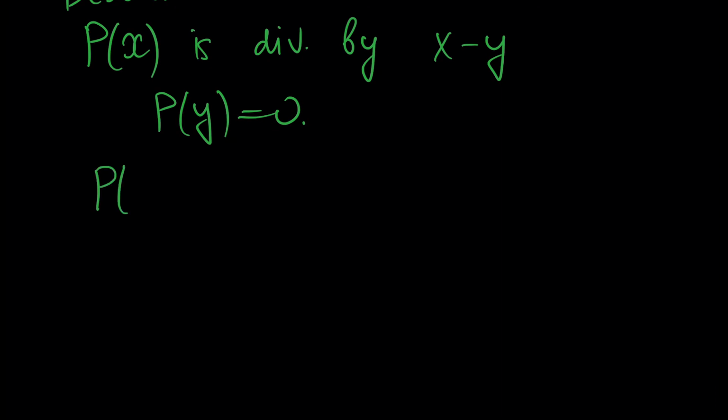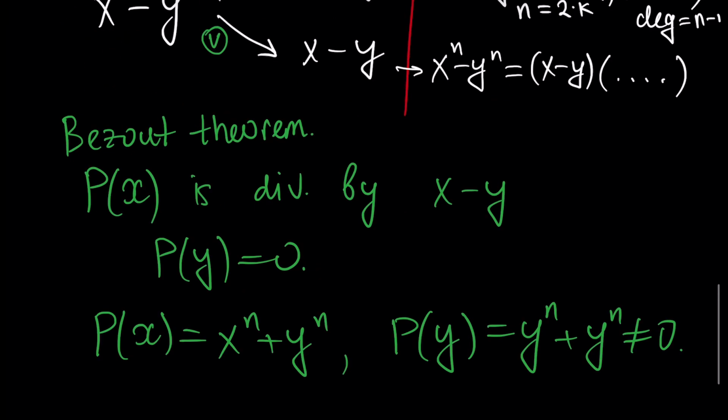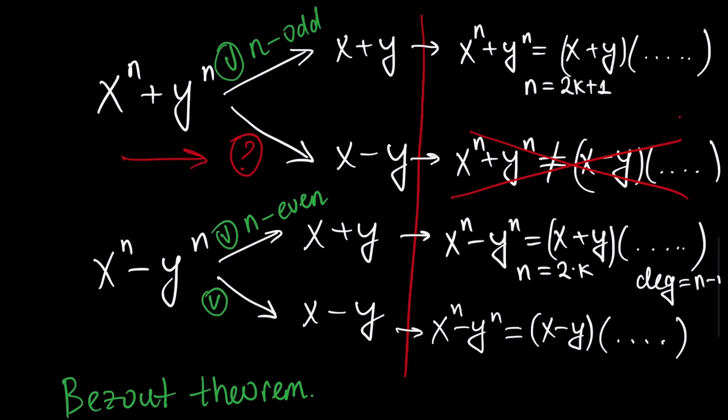So our polynomial p of x is equal to x to the power n plus y to the power n. And our polynomial at point y is equal to y to the power n plus y to the power n, which is not equal to 0, and that's why we do not have divisibility. And that's all. Next, let's repeat these representations for cases 1, 3, and 4.